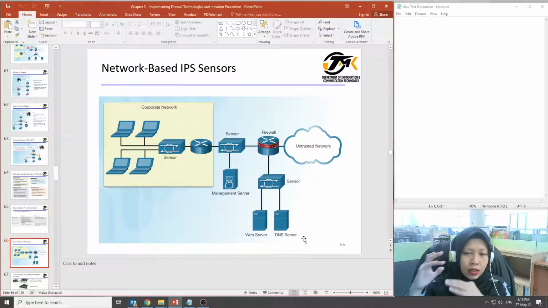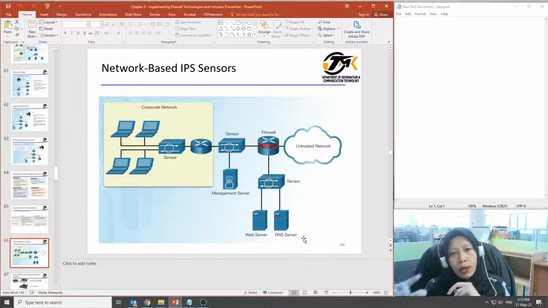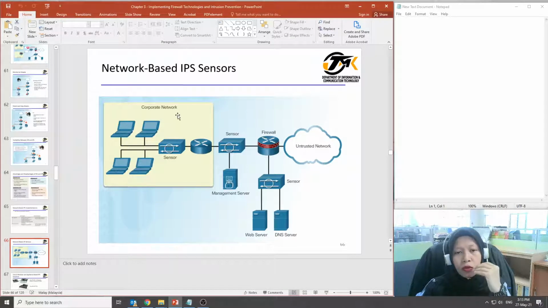In that particular segment, you need to have one sensor. Let's say you have a corporate network with 2, 3, 4 different departments. For every department, you need to have a sensor before it goes to the gateway, meaning the gateway for that particular network, this router. So before going to this router, they need to have the sensor.